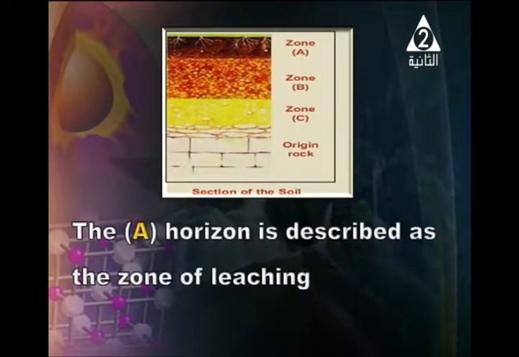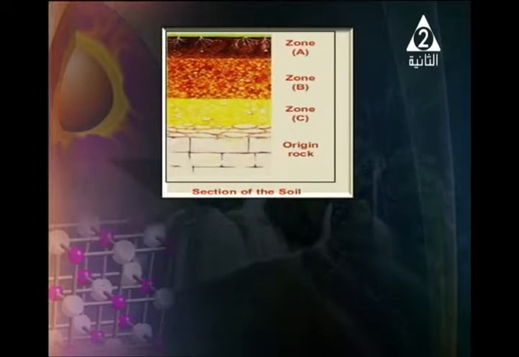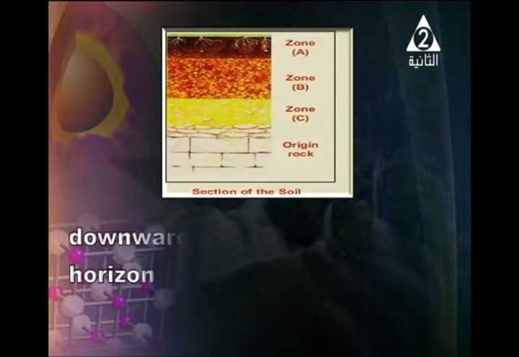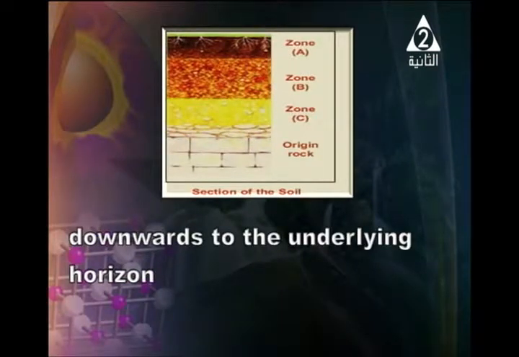The upper horizon A is described as the zone of leaching, because the percolating water moves the soluble salts and the finest clay particles downward to the underlying horizon.